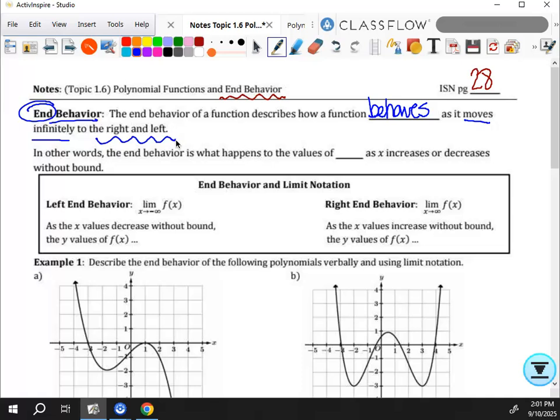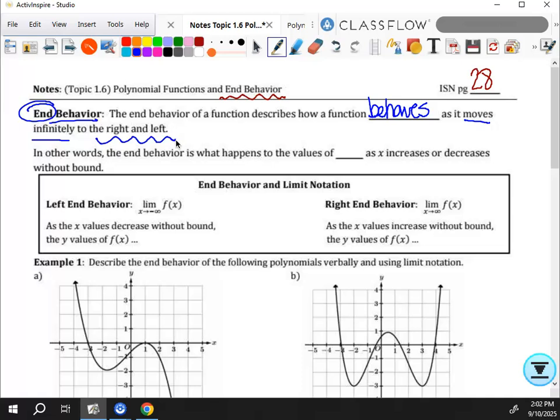Everything else we do, it's as x gets bigger, as we go from left to right on the graph, what's happening to y. But when you're talking about end behavior, I'm going to talk about what happens when I go to infinity and what happens when I go to negative infinity. So I'm pushing out to the sides, all right? We're not writing intervals that way, so our intervals will still always be left to right and least to greatest or bottom to top, but you're going to look at the graph a little bit differently.